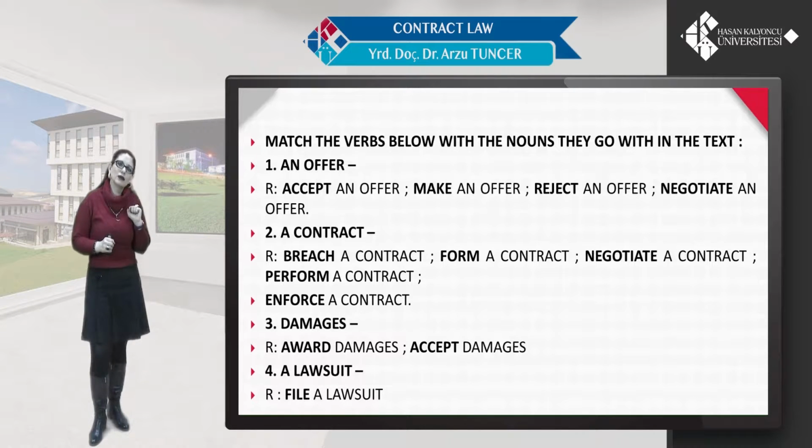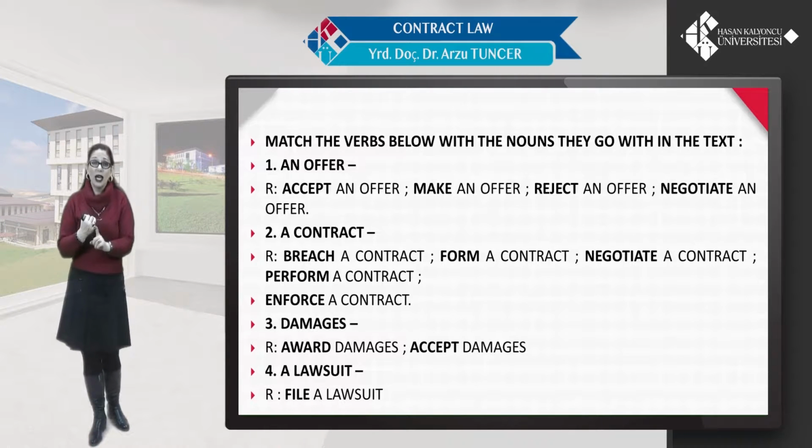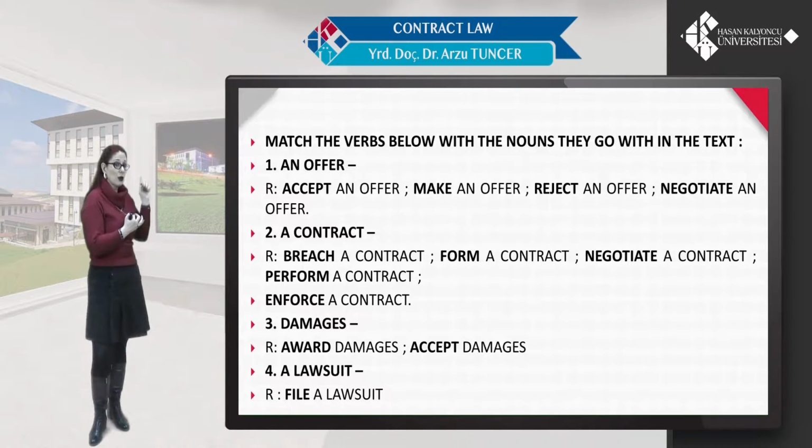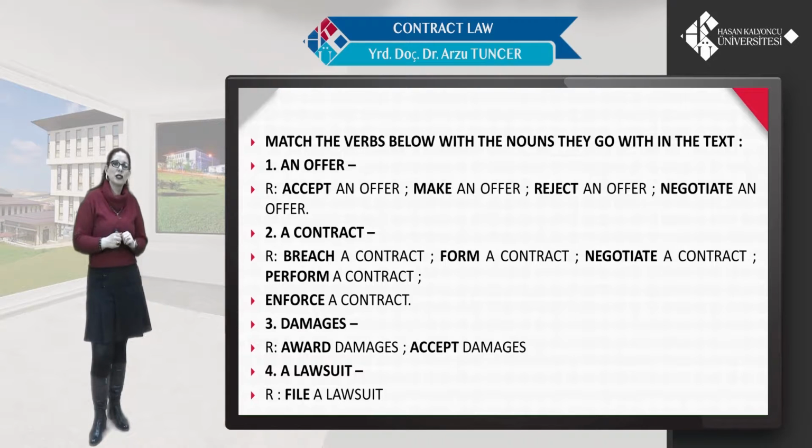So, what about the damages? Damages, you can award damages, or the court awards damages, right? And the injured party or breaching party may accept damages. What about the lawsuit? A lawyer or the party files a lawsuit, is possible. Okay, so you can make this kind of sentences as legal terms.